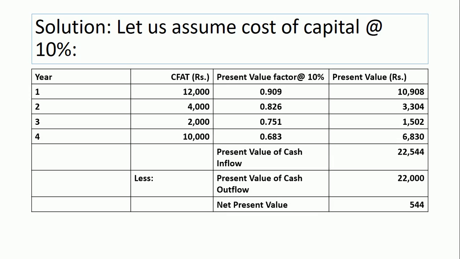The total of 4 years present value is 22,544 rupees. That is the present value of cash inflows. Minus the present value of cash outflows, 22,000 rupees given as project cost. Therefore, net present value is cash inflows minus cash outflows, that is 544 rupees. Here NPV is positive.